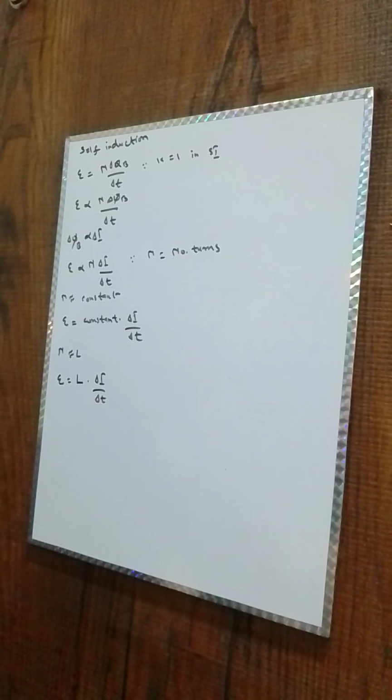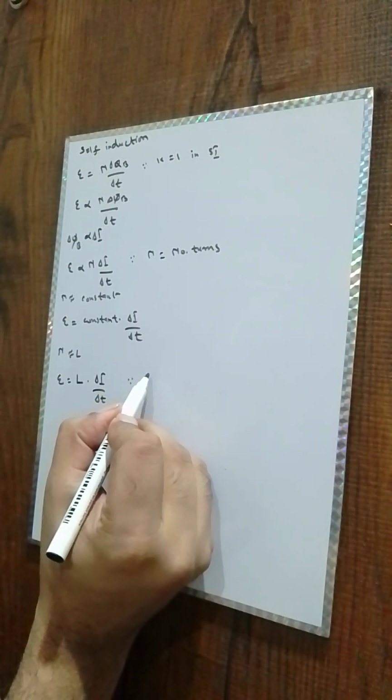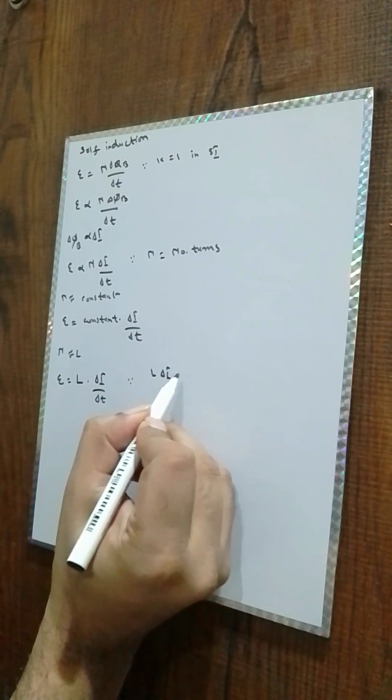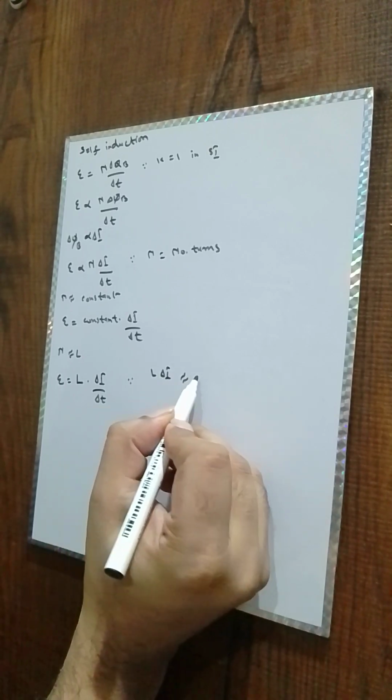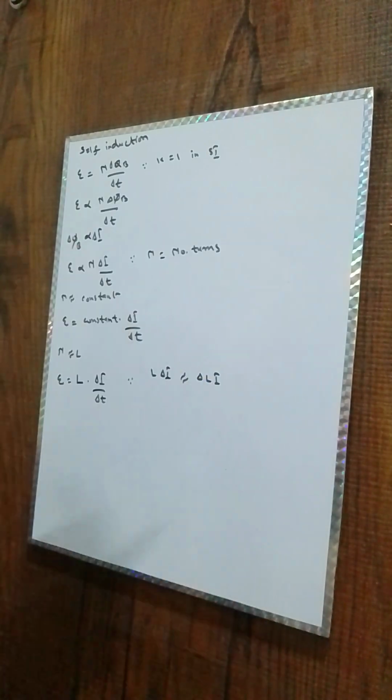And after that, what we do is we take an approximation. It says that L delta I is roughly equal to delta Li.